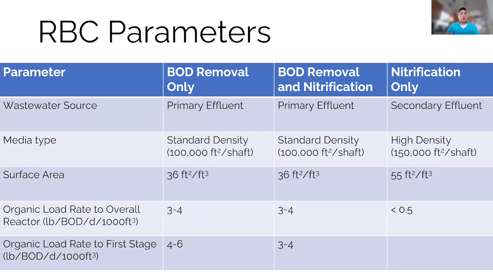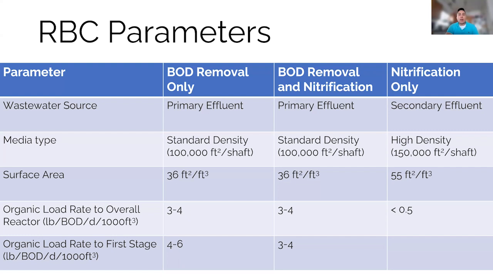So this is kind of showing some more parameters. The main thing to notice about this is that the organic loading rate for RBCs is significantly lower than trickling filters, which can handle loads of up to about 25 pounds per 1,000 square feet of surface area. So you can see that these are much lower. It's about 3 to 4 BOD.